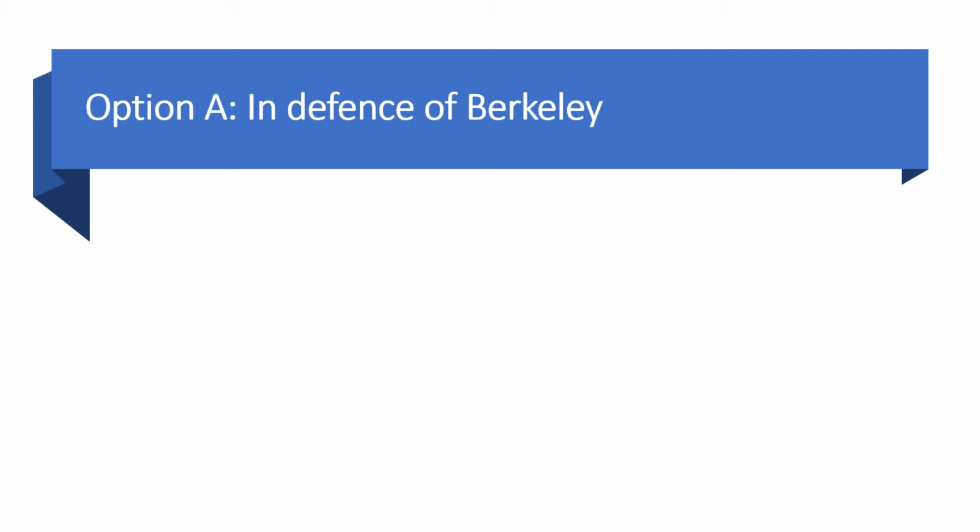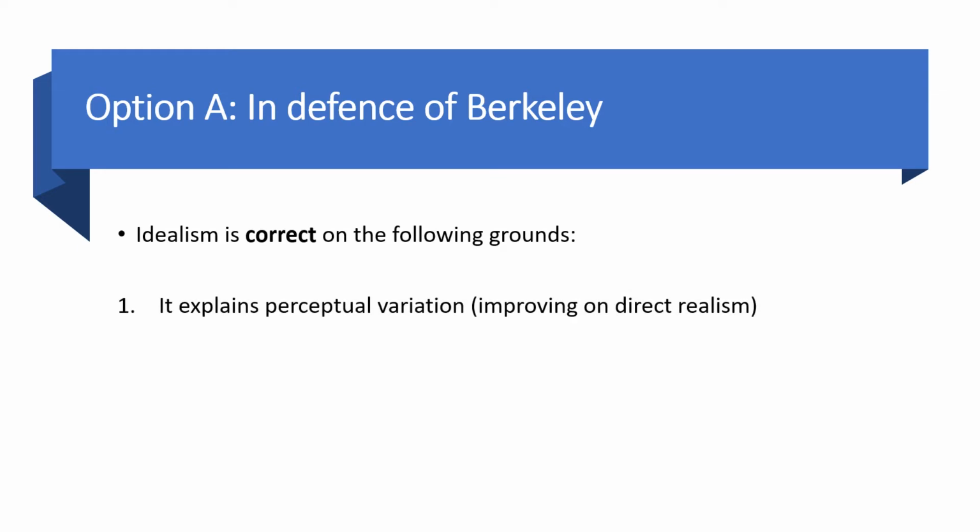In defense of Berkeley, I think you can take maybe 2 or 3 lines here and perhaps argue in favor of what he's saying for idealism. So we could say that idealism is correct, perhaps on the grounds that it explains perceptual variation in a way which maybe direct realism does not.